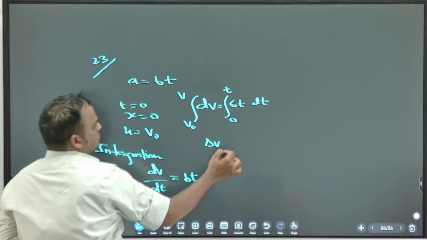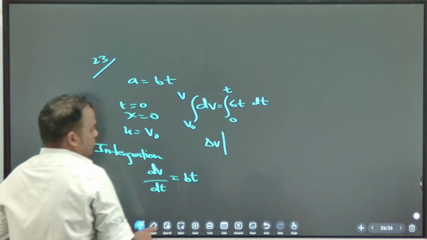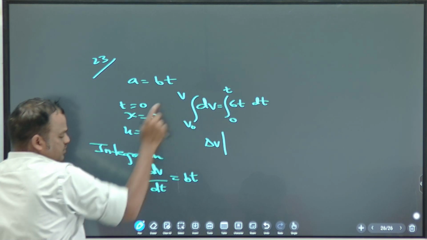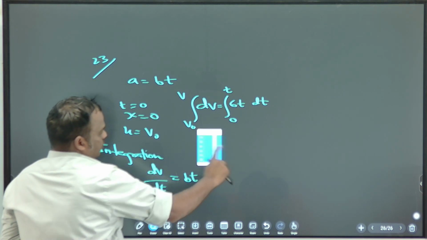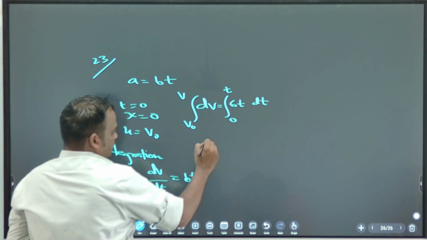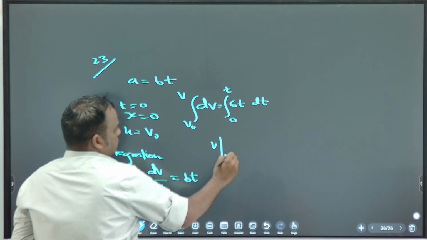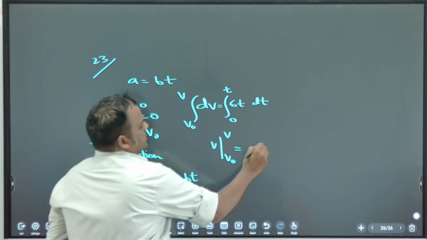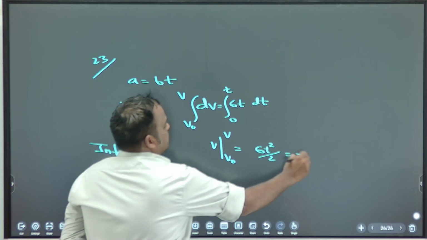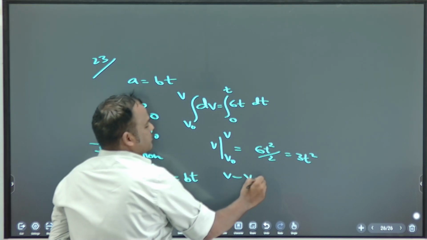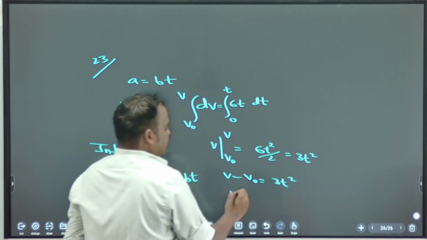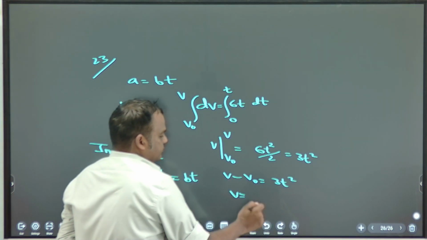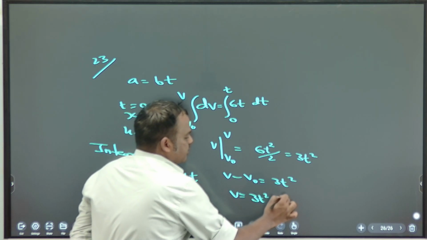Delta v. And so delta v, what you write? V minus v naught. Or you can write like this also, upper limit minus lower limit. 6t dt, 6t square by 2. So 3t square. So v minus v naught is 3t square. So what is v? 3t square plus v naught.